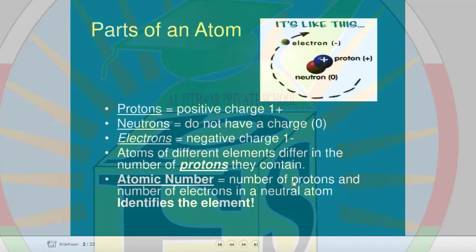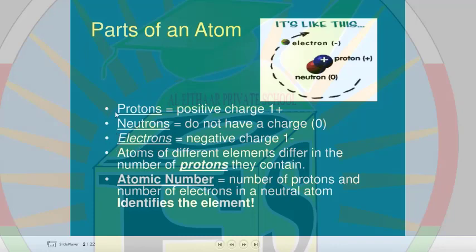So when we see the structure of an atom, there are three main parts. You can say that an atom is composed of three parts, or an atom is made up of three particles. So what are these three particles? These are protons, neutrons and electrons.